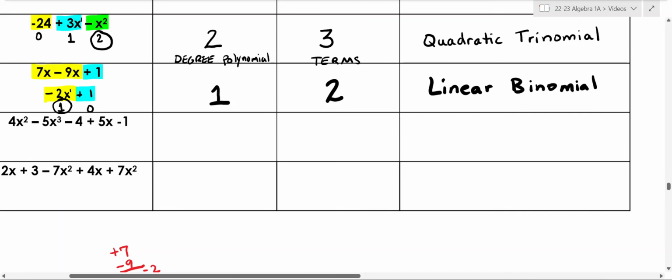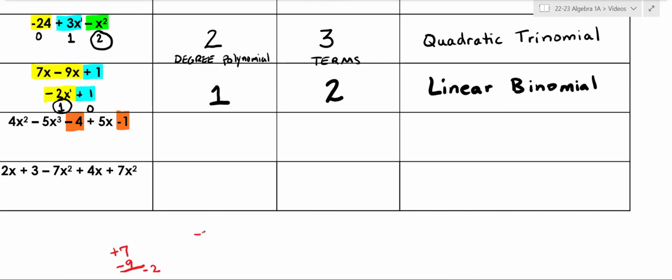Okay, the next one. All right, so when we look at this one, do you see, oh, I see now, I'm more prepared, I'm mentally active. X squared, x cubed, -4. Okay, I see two like terms. I see, right here, the -4 and the -1. Y'all agree?